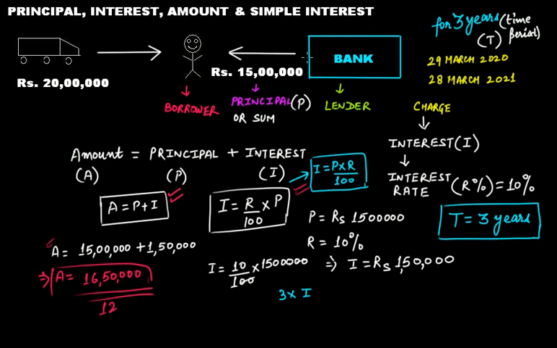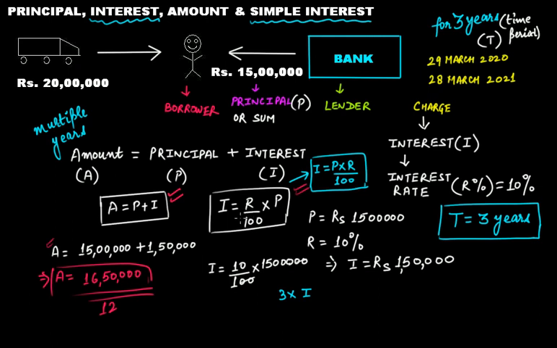Whenever you are borrowing some amount from the bank for more than 1 year, that is for multiple years, in that case you calculate the simple interest and not the interest that we just learned about.